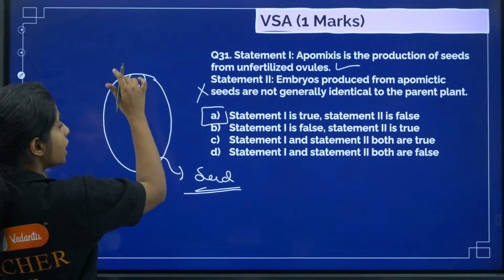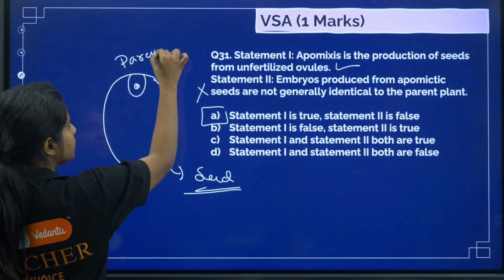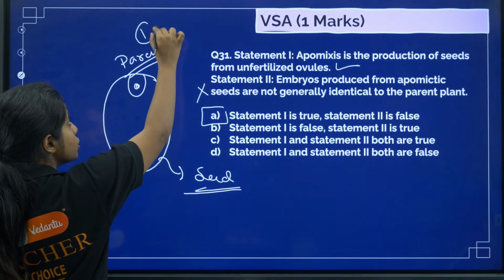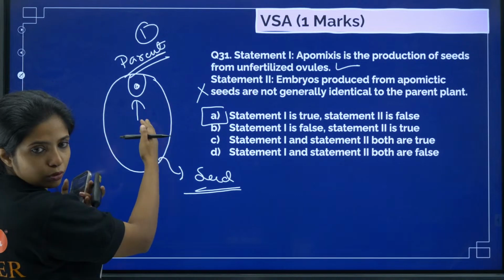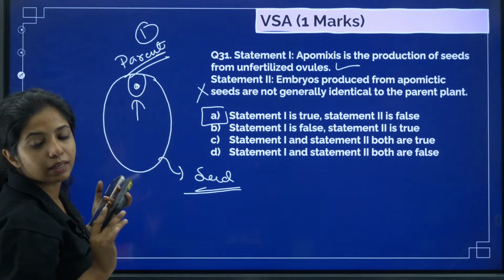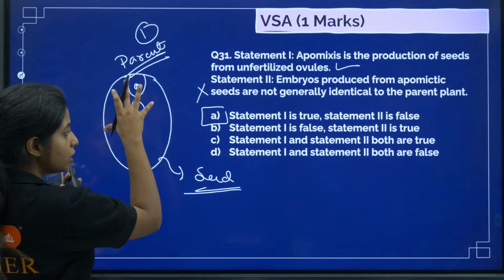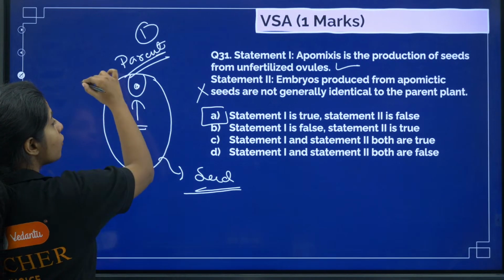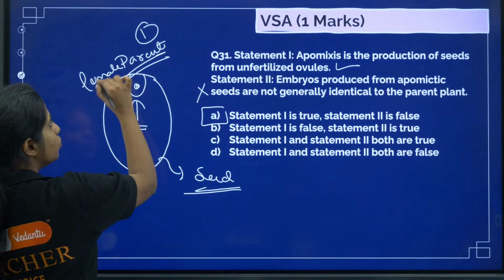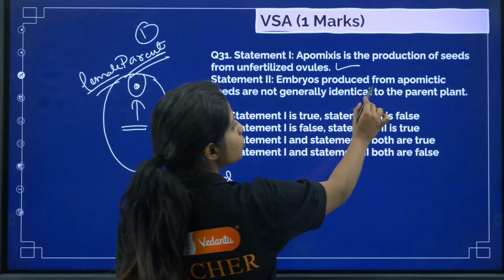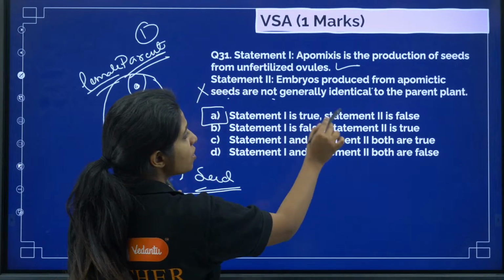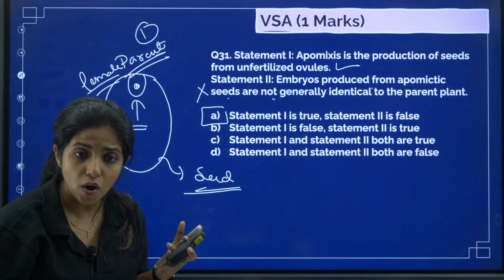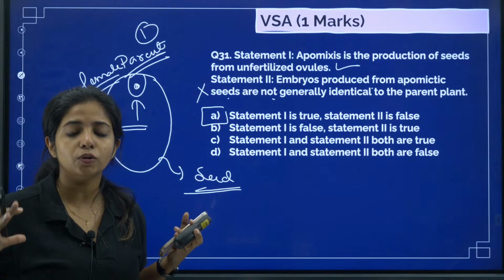So this has the entire features of just one parent, whose female gamete it is. So this particular plant, whatever will be formed, will have the entire features of the female parent only. Over here, embryos produced from the apomictic seeds are not generally identical to the parent plant, that will be wrong. It will be entirely identical to the parent plant.